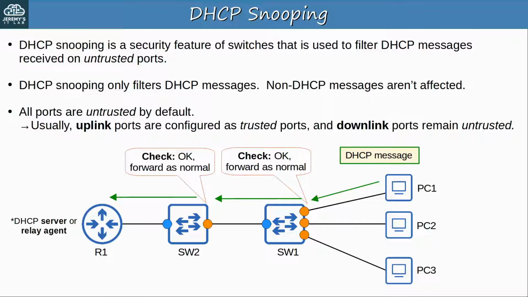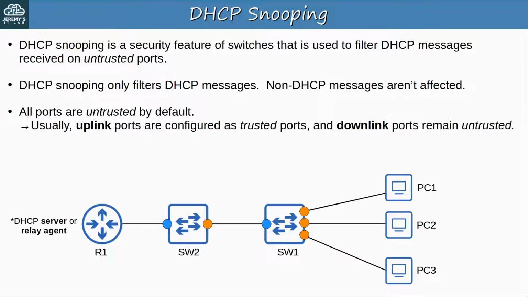It checks the message and determines that it's okay, so it forwards it to R1. R1 then sends the reply, and it goes straight back to PC1 without being inspected by Switch 2 or Switch 1. Why don't the switches inspect the message from R1? It's because they received it on their trusted ports, so they assume the message is okay. No need to check it.